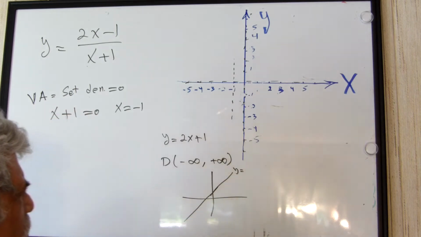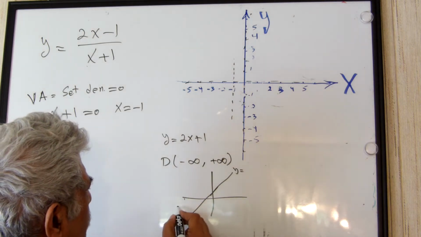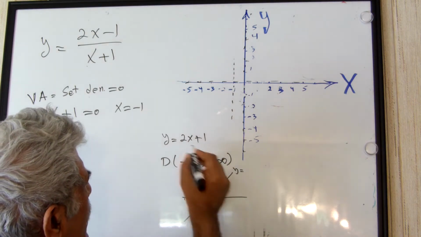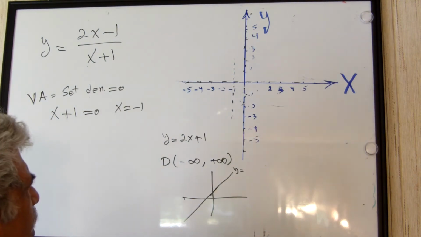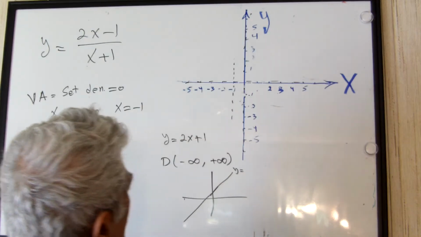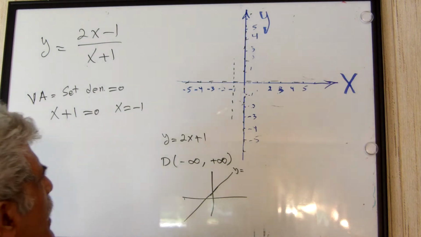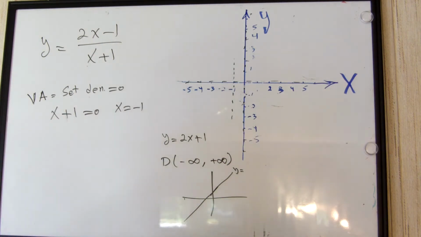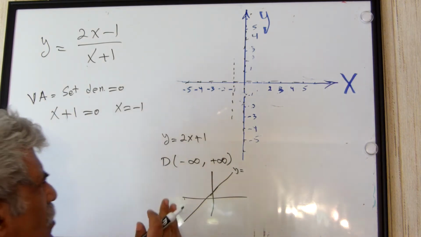You can give every value to x, even minus 1 million, and you get a value for y. Any real number, whether a fraction, an integer, or even a rational or irrational number, not imaginary. We haven't talked about imaginary numbers yet. But the domain of a linear function is from minus infinity to plus infinity.